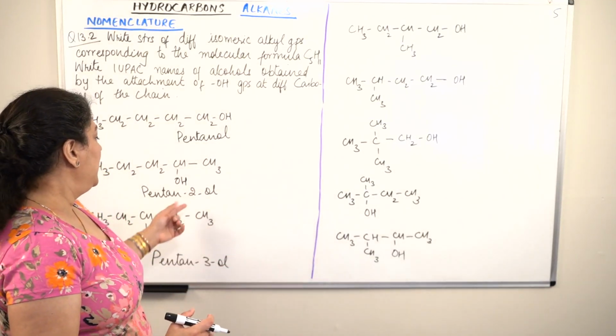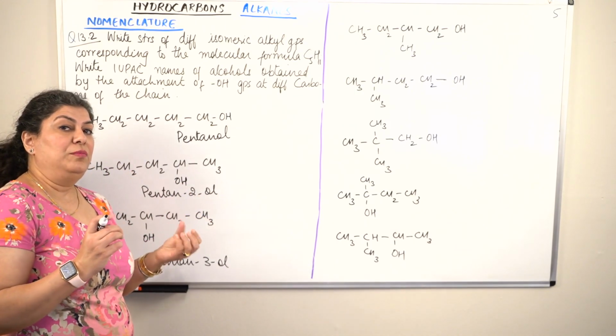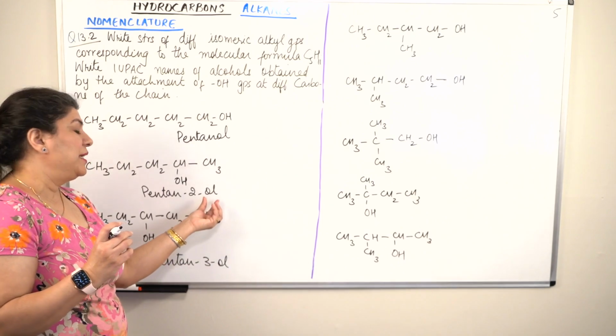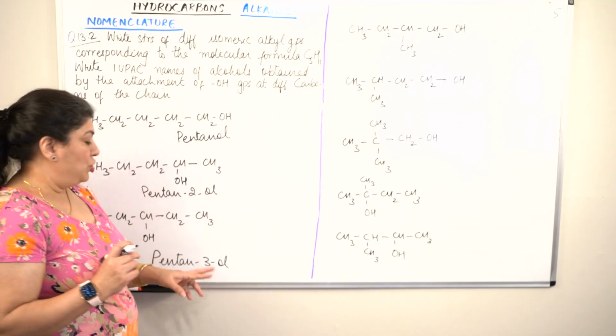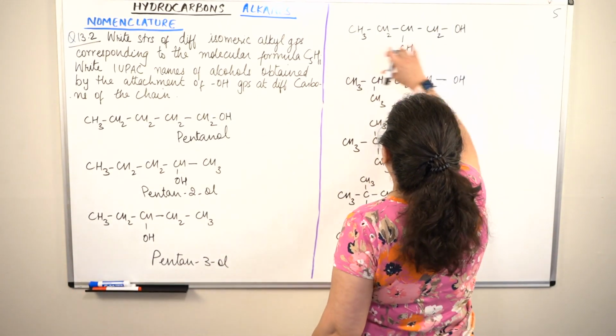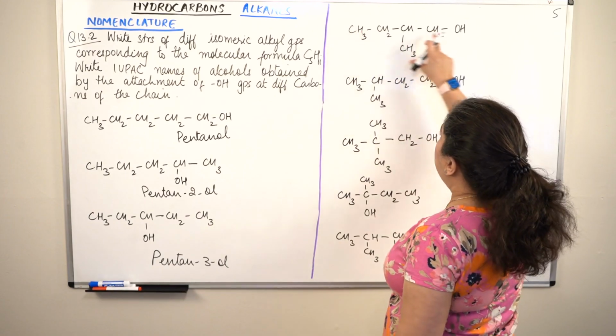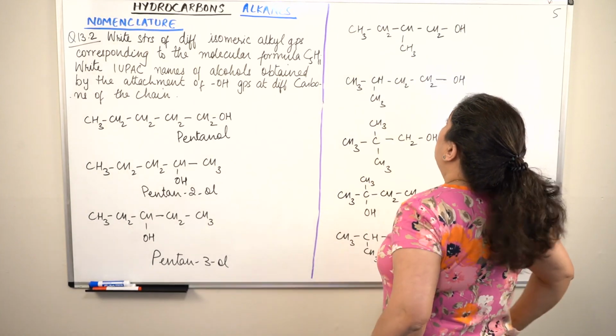But these days we write the locant right in front of the part of the name that represents the functional group, to specify that the ol is at the second position, the ol is at the third position. Now this is butanol. This is the parent hydrocarbon, this is the alcoholic group, and the methyl group is a substituent.